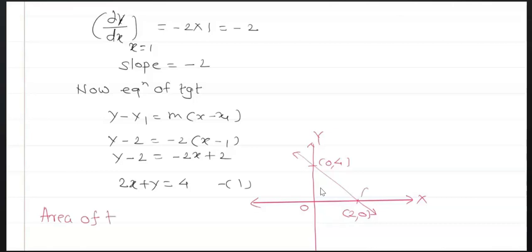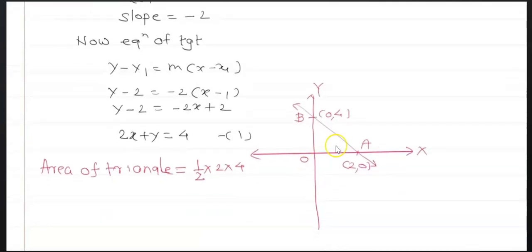Therefore, area of triangle is equal to 1 upon 2 into 2 into 4. This distance OA is 2, and OB is 4.